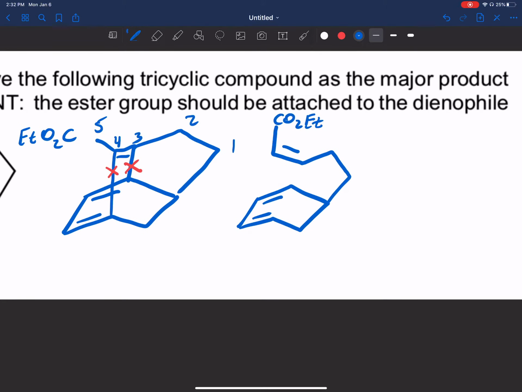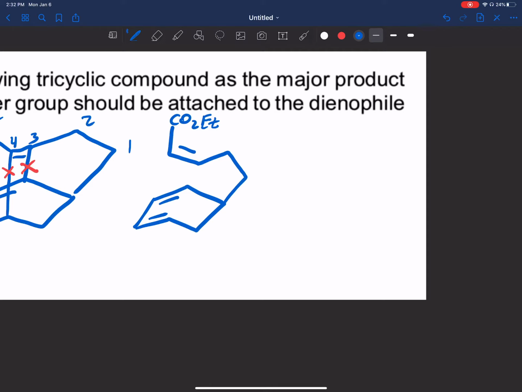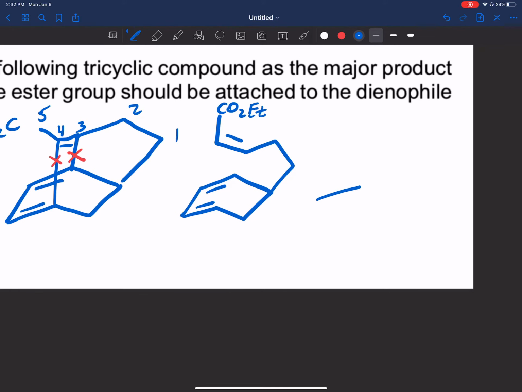But what we did here is this was our original diene, and you can see that the front part of it was kind of pointed downwards. Usually, what we do is we have it pointing upwards, something like this. Like that.